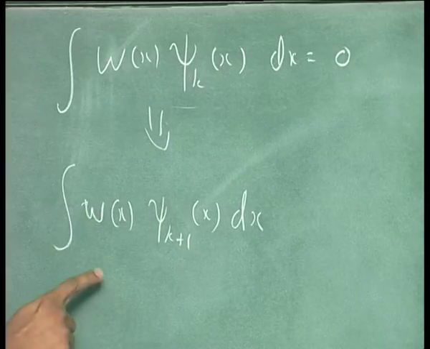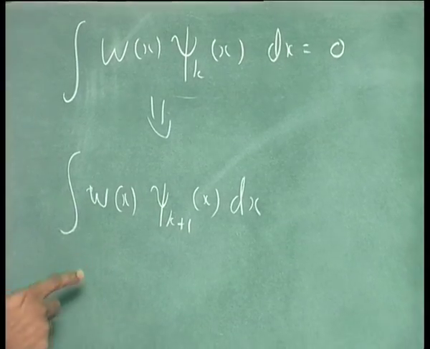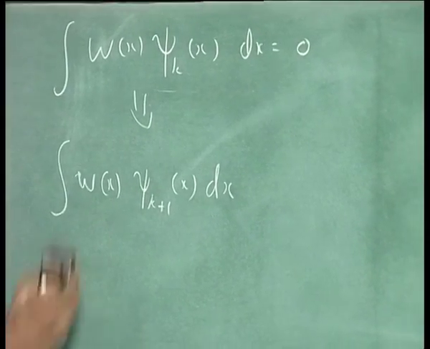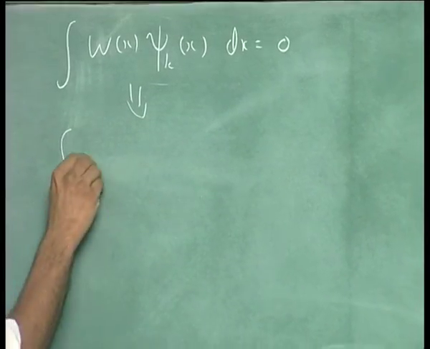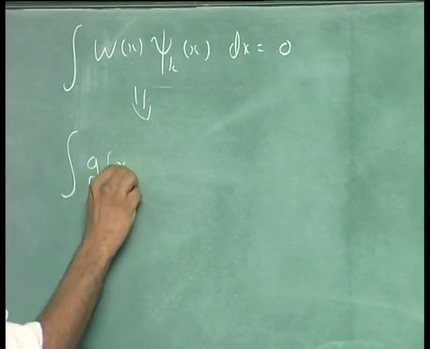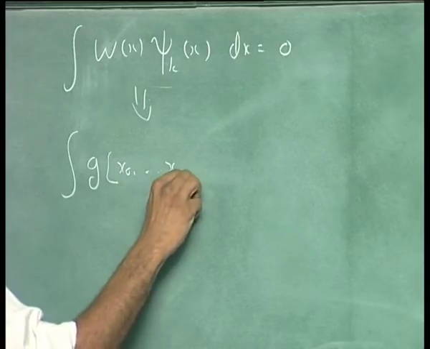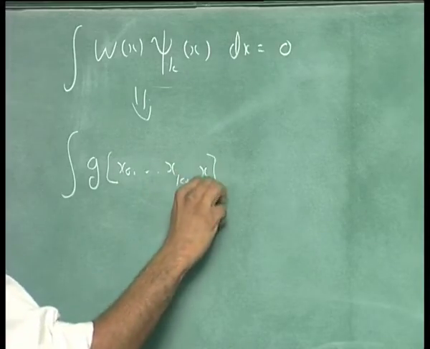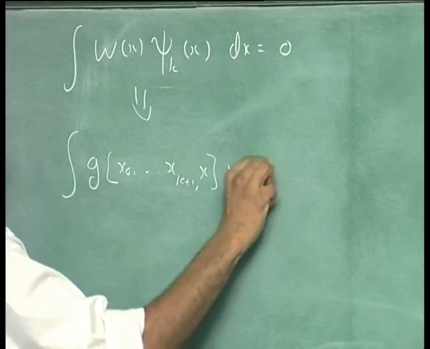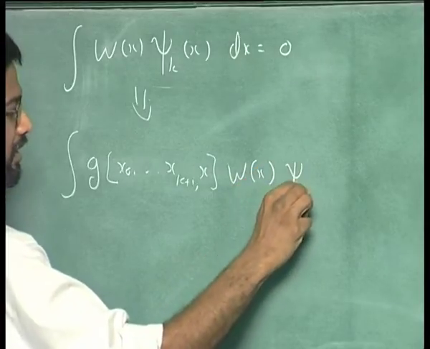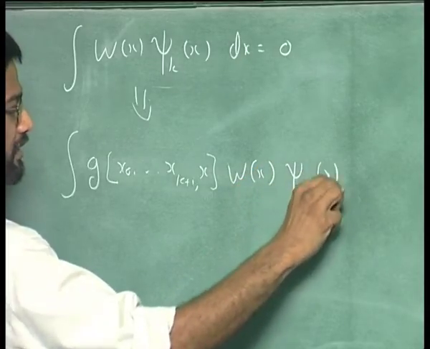Now, let us say we chose the k plus 1 point, and so this had this g which goes from x0 to x_{k+1}, x, w of x psi k plus 1 of x dx.